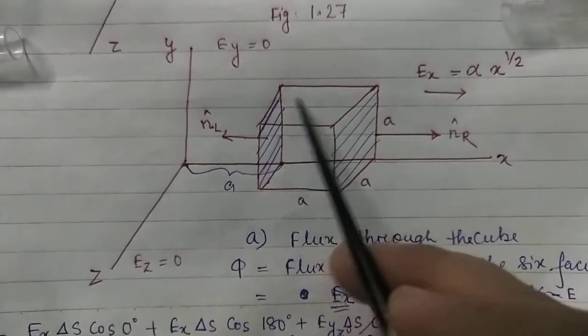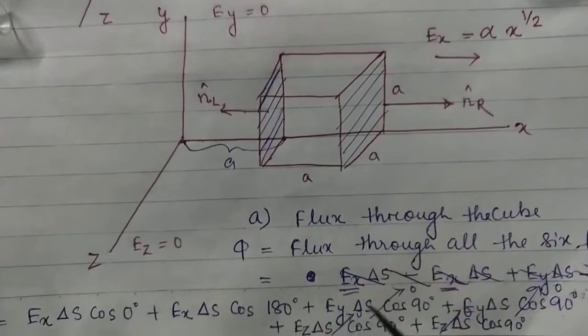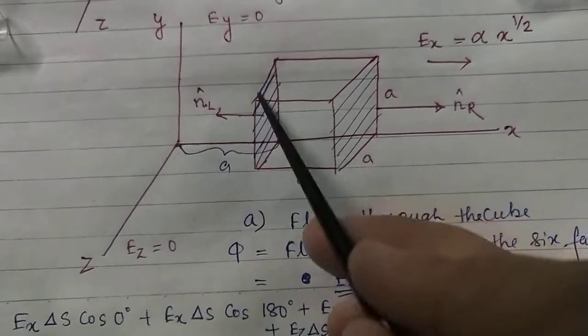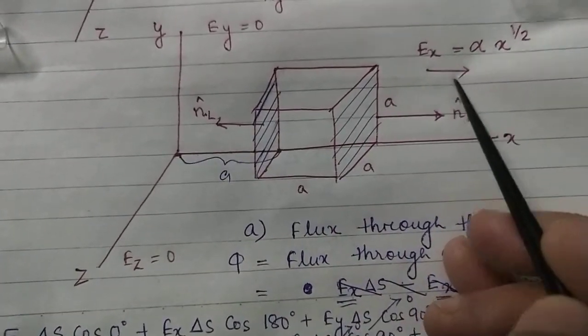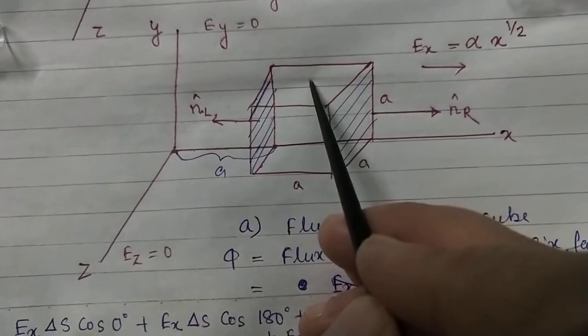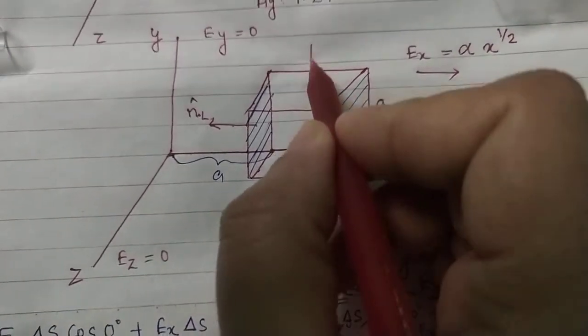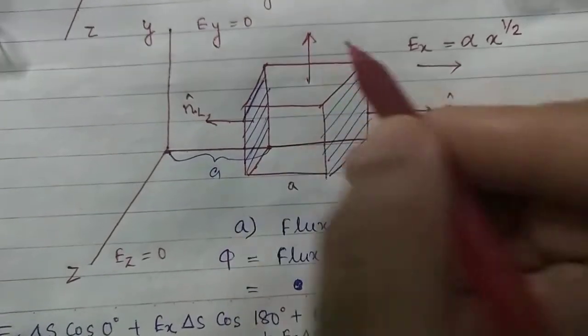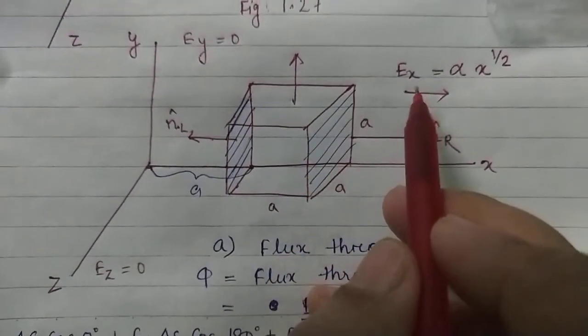Again if we go to the y axis, for y axis it is Ey del S, this area, cos of, see, electric field this side, area vector is always perpendicular to the surface. So for this surface the area vector will be perpendicular like this. It is always the outward perpendicular. So what is the angle?